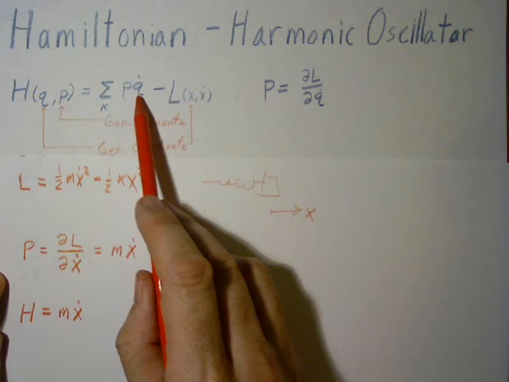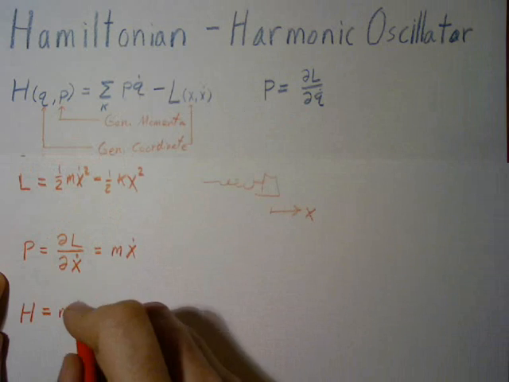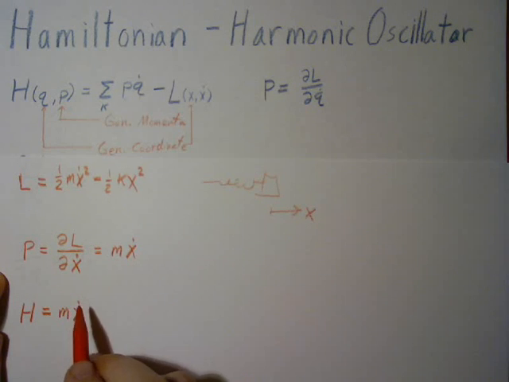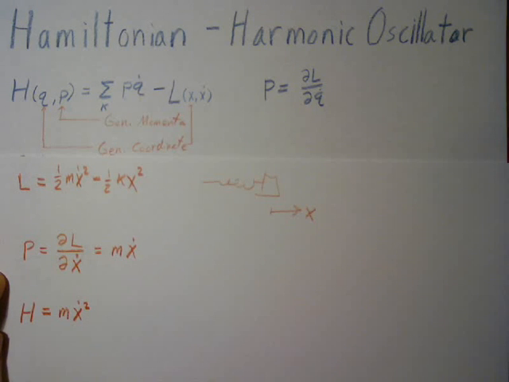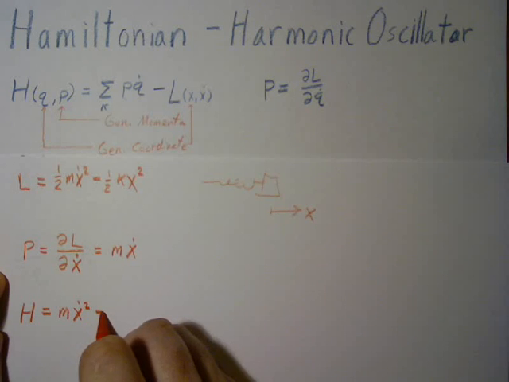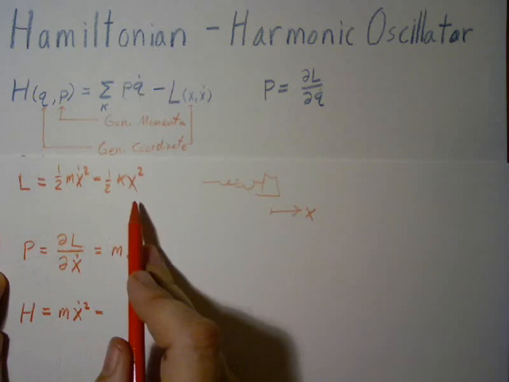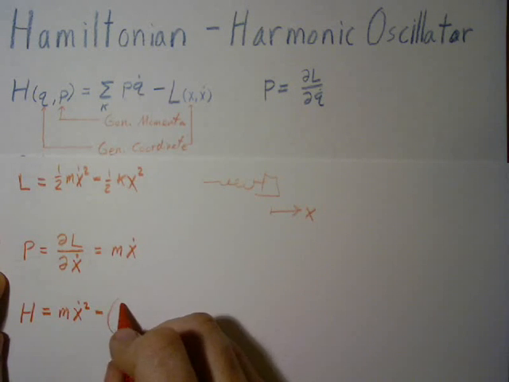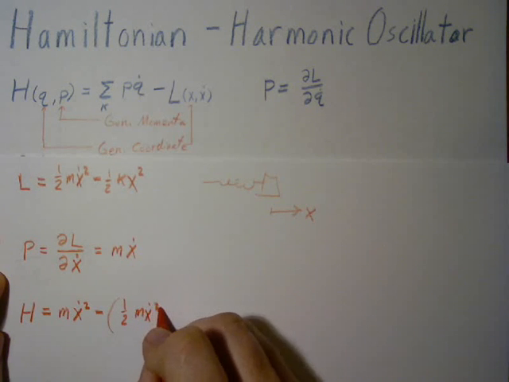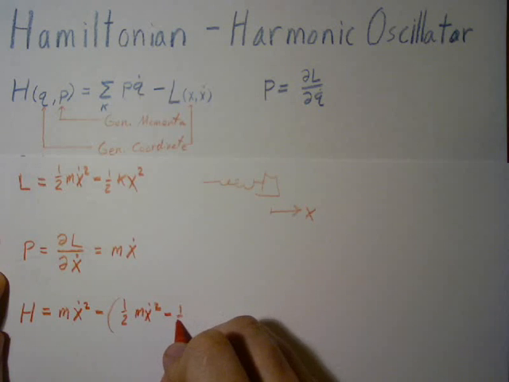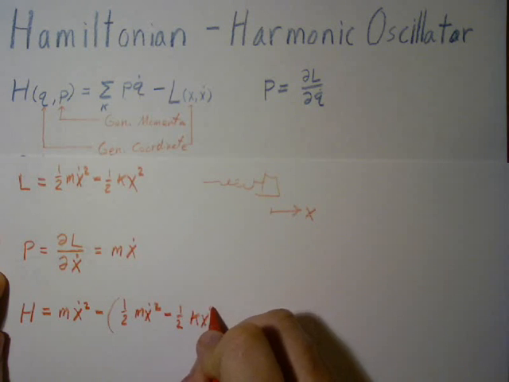Q dot is x dot in this case, so we simply have m x dot times x dot, or m x dot squared, minus the Lagrangian. So we have m x dot squared minus 1/2 m x dot squared plus 1/2 k x squared.